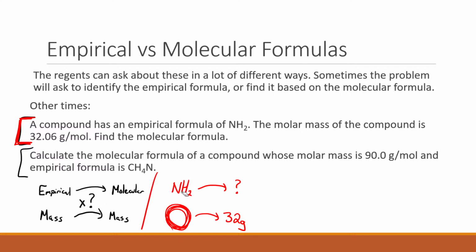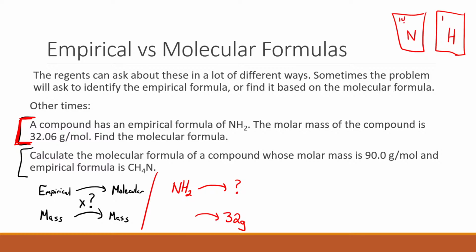We're missing the mass of the empirical formula. But we can get that by looking at the periodic table. If we look in the cells of the periodic table, we can find the mass of each of these pieces. So 1 mole of NH2 would weigh 14 plus 1 plus 1 for a total of 16 grams.